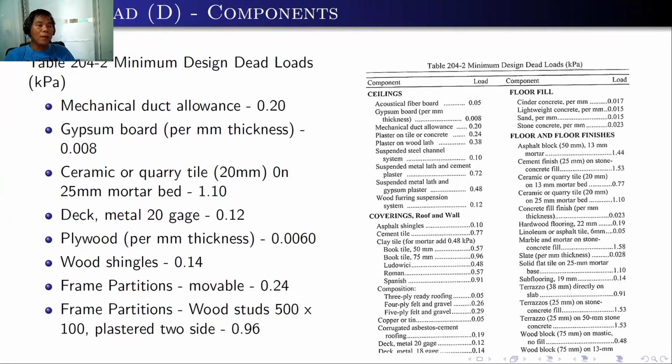Also, we have the minimum design dead loads for, like for example, the mechanical duct allowance. It's 0.2 kilopascal. That's Newton per meter square. Also, if you use the ceiling as gypsum board as a ceiling, the minimum design load is 0.008 per millimeter thickness of the gypsum board.